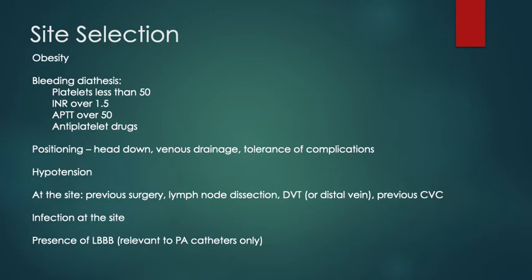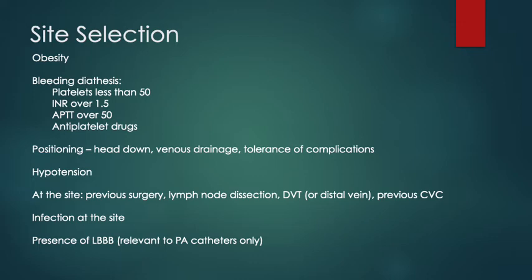Things that will influence your decision will be super morbid obesity of a patient, which will quite often make the femorals quite difficult, and even potentially the internal jugulars. Bleeding complications, so bleeding diatheses. I've got a few numbers there; again, these are rough rules of thumb instead of standards by which everyone applies.